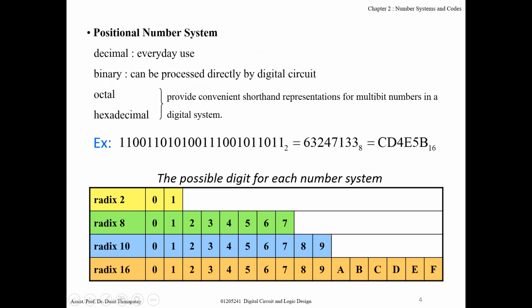So for Radix 16 or hexadecimal, we use A for 10, B for 11, C for 12, D for 13, E for 14, and F for 15. Okay. Then, if you use this one, you can write binary in compact form with hexadecimal form.